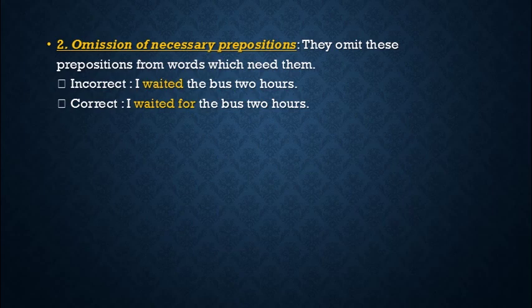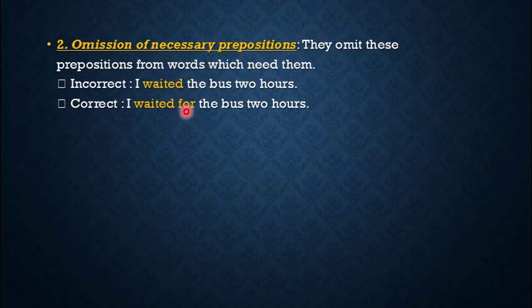Let's have this example: "I waited the bus 2 hours", which is literally لقد انتظرت الحافلة لمدة ساعتين, right? So in Arabic we don't insert a preposition, and the speaker made a literal translation of the Arabic version, which is again incorrect, because a preposition is required here.